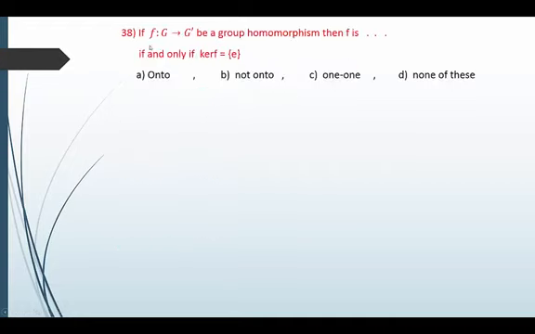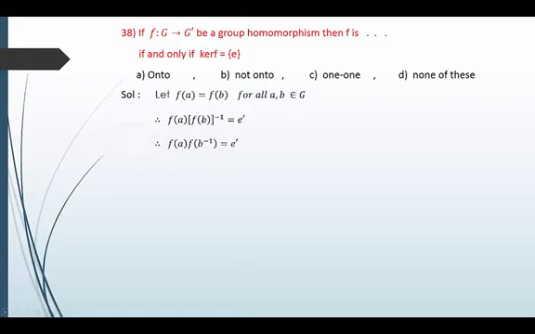38. If f from G to G dash is a group homomorphism, then f is... if and only if kernel f equals identity. If kernel f is identity, then the homomorphism is of which type? One-one or onto. So first check one-one. For that, assume that f of a equals f of b. Now f of a into f of b inverse equals e dash.